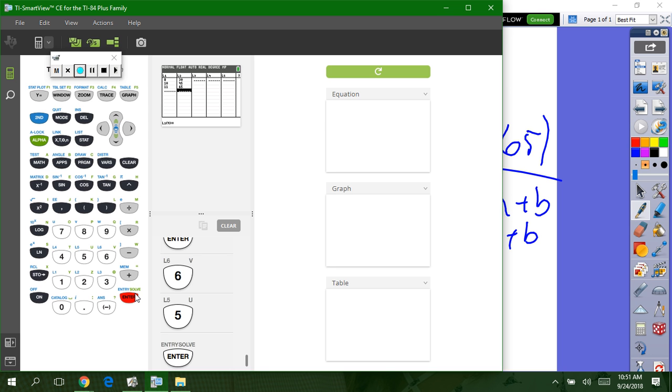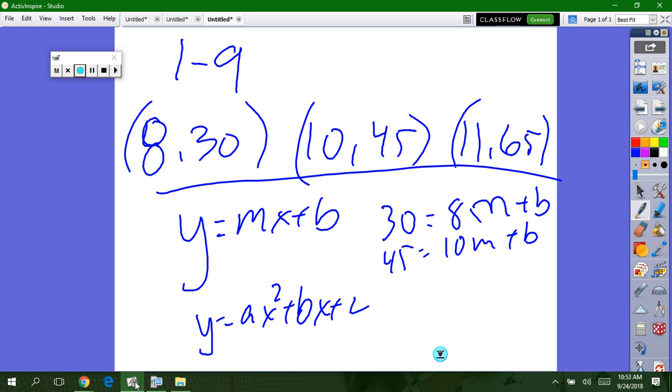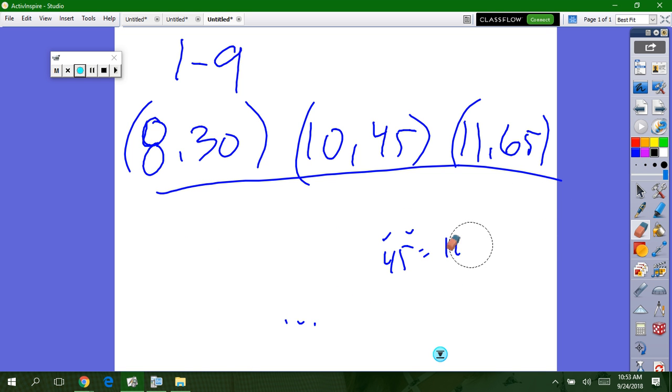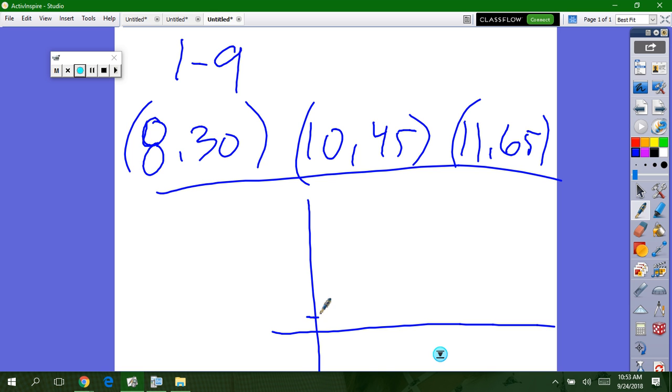All right. I'm going to quickly come back here because I didn't get to do what I really wanted to do. We're going to plot these points first. Maybe go by 5.